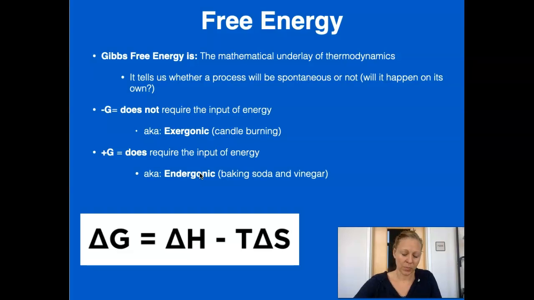It's cold, and it feels cold because in order for that process, the fizz of baking soda and vinegar, to occur, it needs energy from the system and from the environment around it. And so it's taking energy. So if you put that bag on your hand, it feels cold. And so in order for that chemical reaction to continue happening, it needs energy. And so therefore it is endergonic, or it is non-spontaneous. And so that's represented by a positive G.